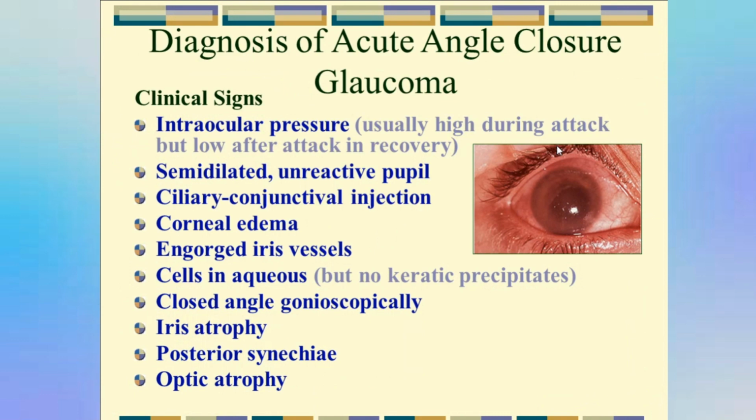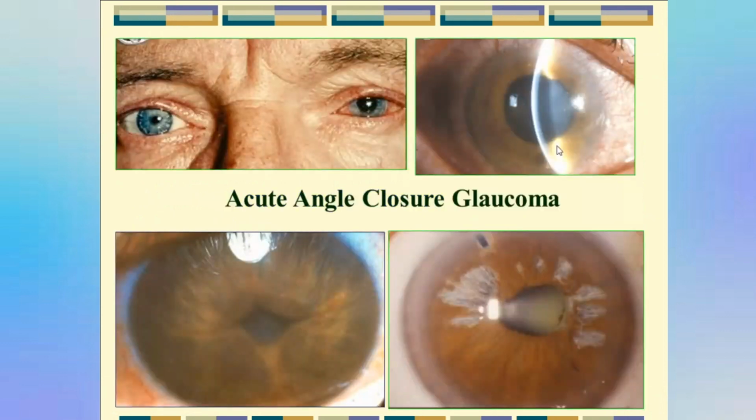We can see iris atrophy, posterior synechiae in some cases, and a small anterior chamber. If it's possible to see the optic nerve, because the cornea is edematous, we can see glaucomatous excavation or even optic atrophy.